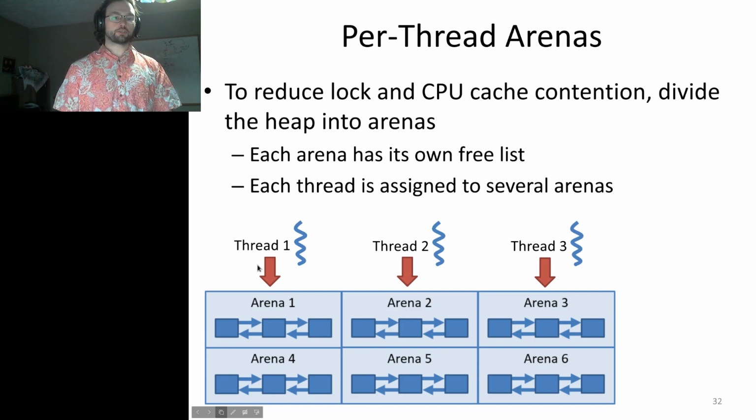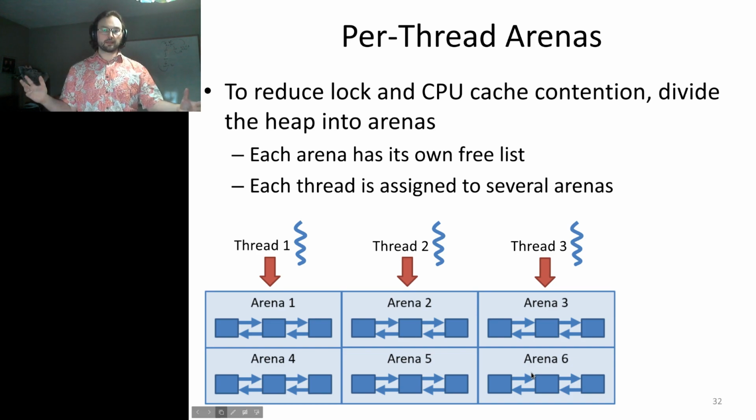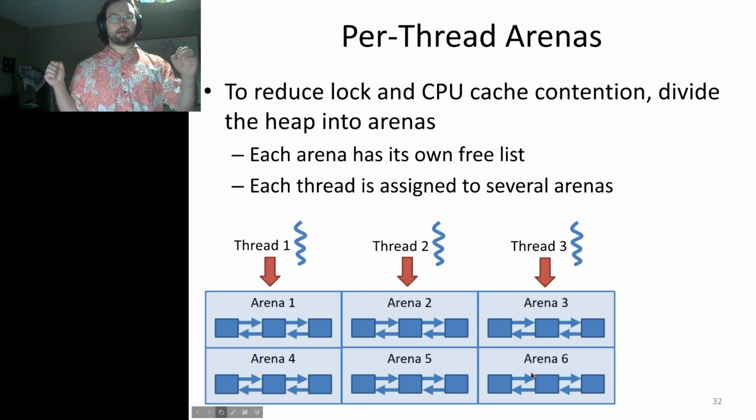You can see here in the picture, we're showing 3 threads, and it looks like each thread has 2 different arenas that it can access, and that's okay. If we have a lot of threads, we don't actually necessarily need to have more threads than arenas, but we probably do want to have more arenas than we have either physical or logical processor threads.